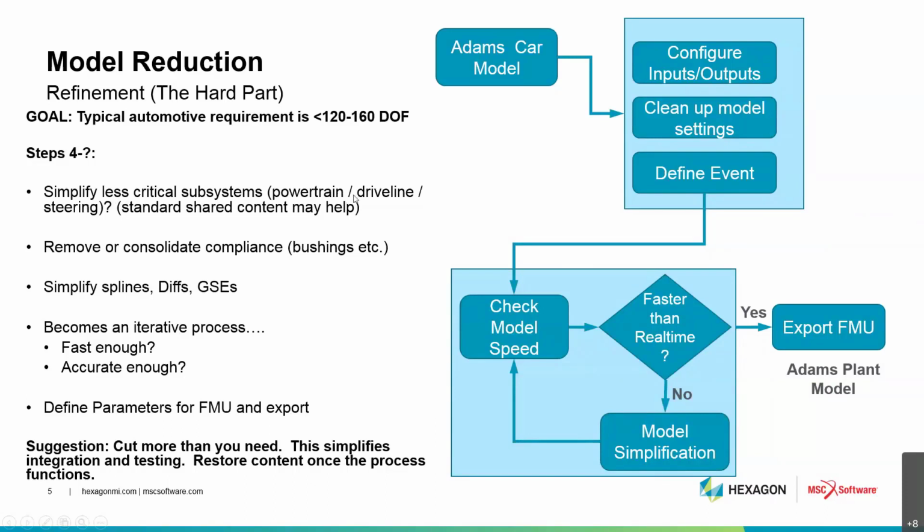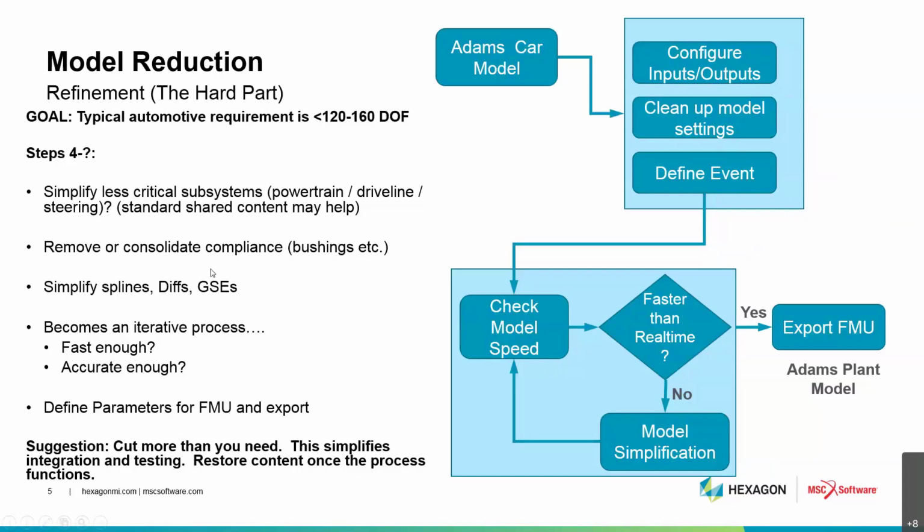Maybe you can reduce the driveline fidelity, but you need the engine power. Maybe like in Tony's case, we so far haven't really been concerned about the steering fidelity, so we can reduce some of the content there. And some of our standard shared templates may help in this way, partly because those are what we test with real time internally, and we have more familiarity with helping out on those kinds of things.